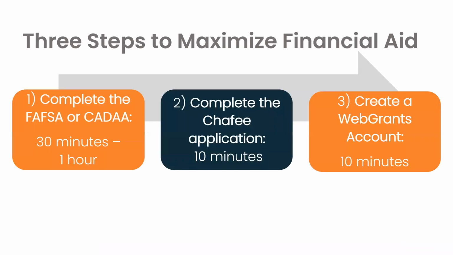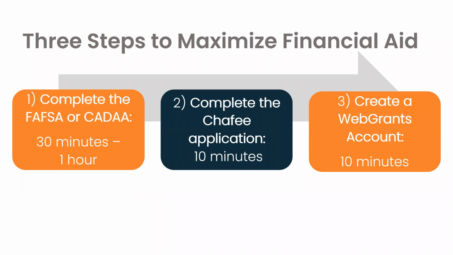All right. So when we think about financial aid, we like to really think about it as a three-step process. The first step being filling out either the FAFSA or the California DREAM Act. And again, we'll talk more about those two applications. Depending on the youth, that could take anywhere from 30 minutes to an hour. The next step is completing this additional application for the Chafee grant, which is pretty quick and takes about 10 minutes.